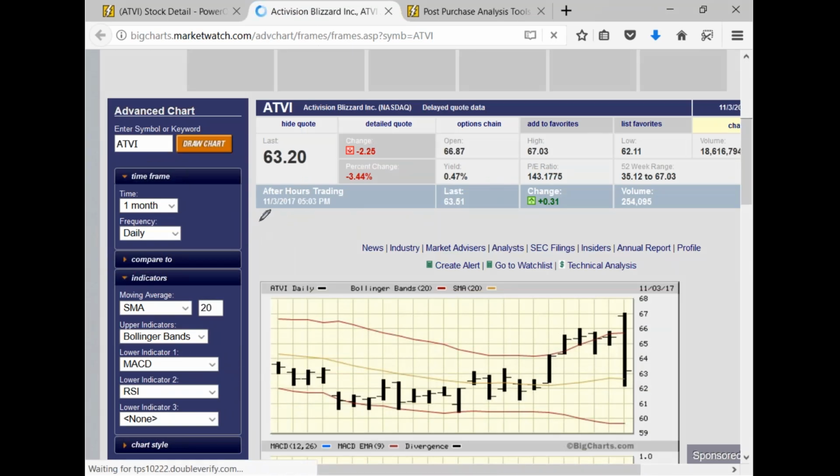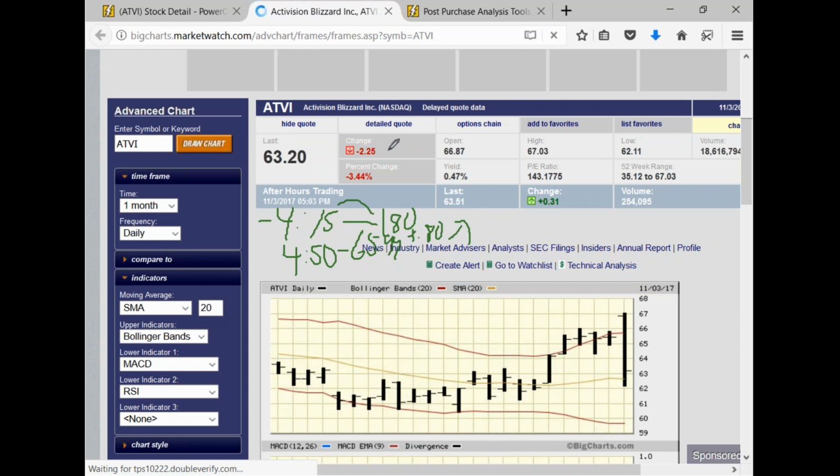In the after hours, by 4:15, the stock was down 1.80. By 4:50 or 4:45, the stock was at 65.99, up 80 cents. So it originally dipped, then it recovered. At one point after I was trading, it was at 65.99.